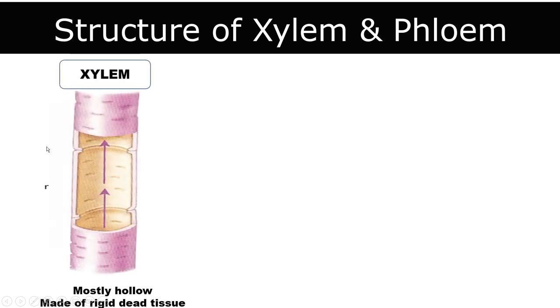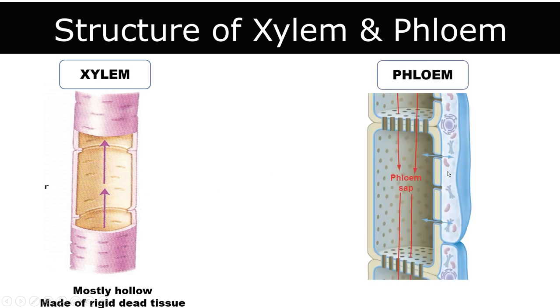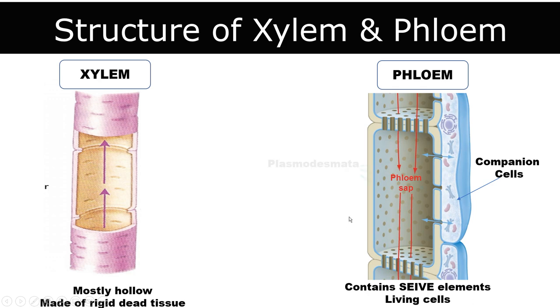So just like one more time. Xylem, rigid and hollow dead tissue. This is transporting water via transpiration, whereas phloem is now living tissue with sieve elements that come in three parts. Companion cells on the right side, sieve plates on the end, and plasmodesmata, which are the openings between the companion cells and the phloem itself.